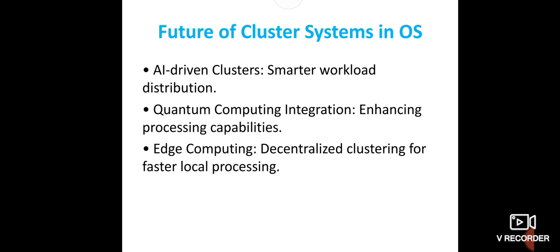And then we reach the future of cluster systems in OS: AI-driven clusters, quantum computing integration, and edge computing. As we saw in distributed systems, these are also future trends for clusters. AI-driven clusters give smarter workload distribution, quantum computing integration enhances processing capability, and edge computing provides decentralized clustering for faster local processing.